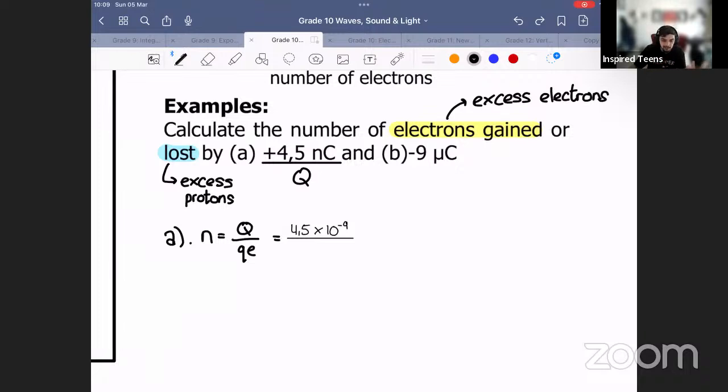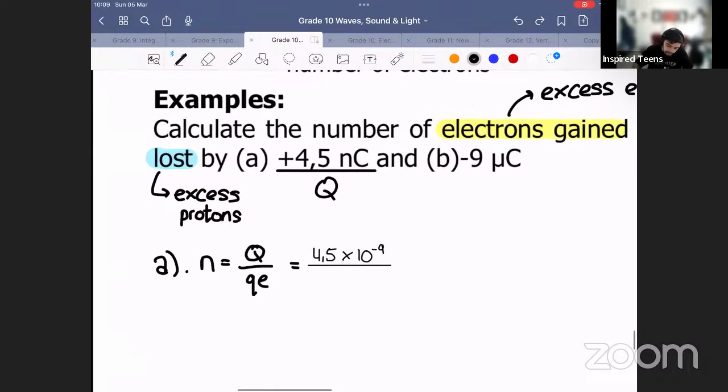Correct, lost. It lost electrons because that's why it became positively charged.